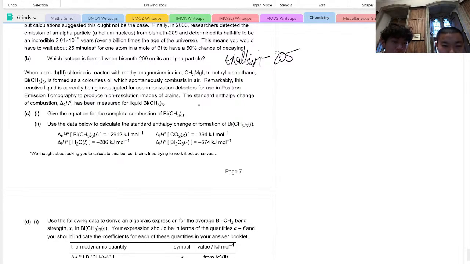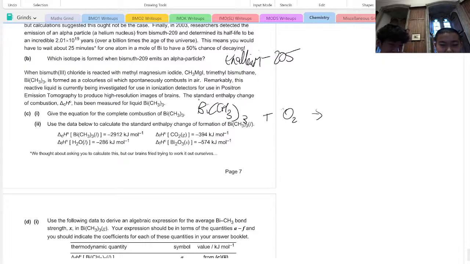Combustion. Bi(CH3)3 plus O2. With combustion, what does Bi go to? I'm looking at this, so I'm gonna assume it's that.